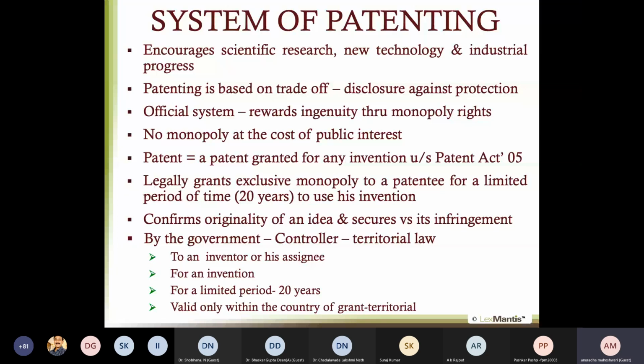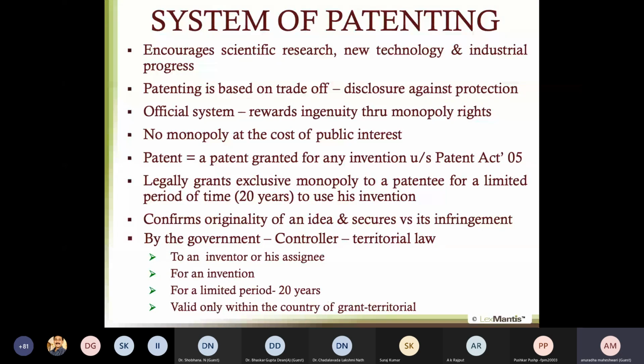To say I have a new technology is one thing. To prove that I have a new technology is an altogether different thing. So there are criteria that have been laid down for the scientist, the technologist, the company to prove that they deserve to get a patent.